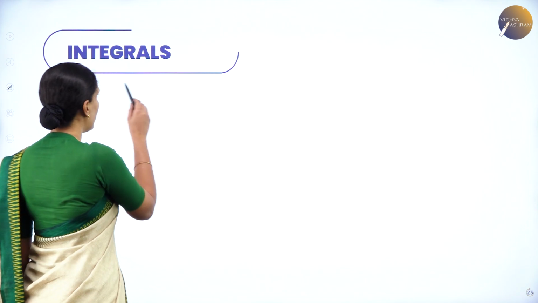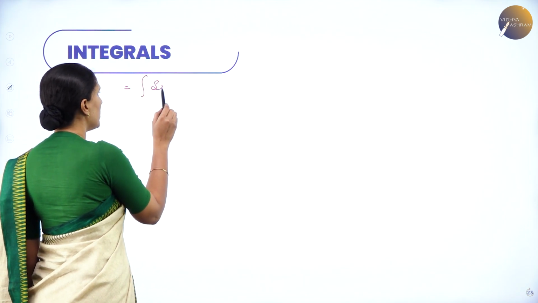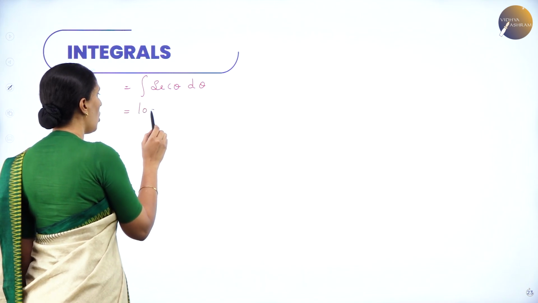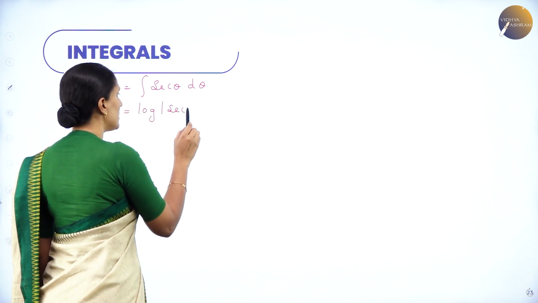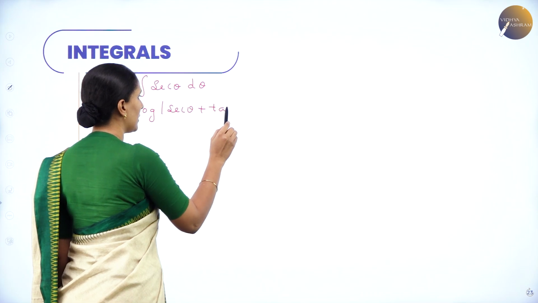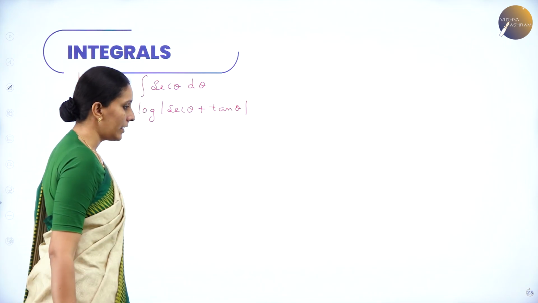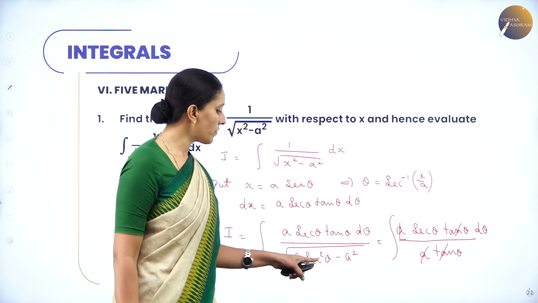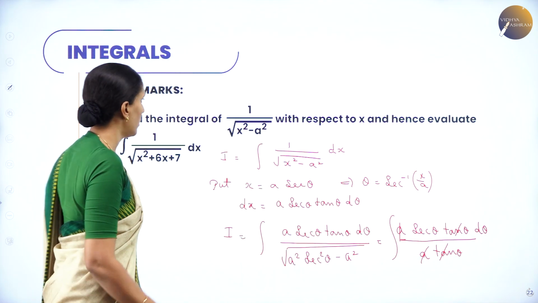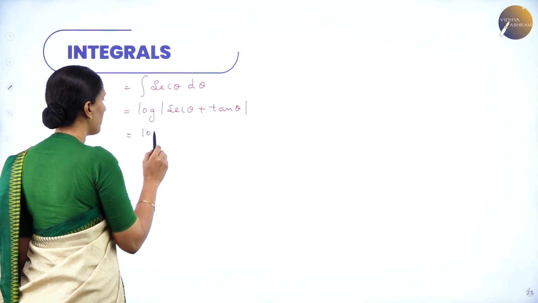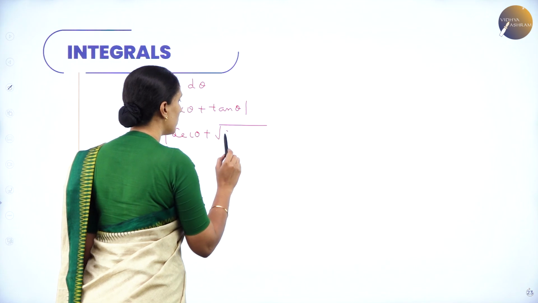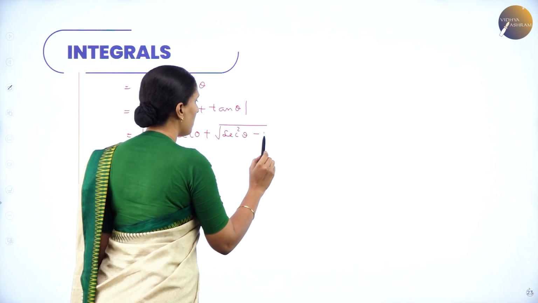So we are left with integration of secant theta d theta, whose value is log modulus of secant theta plus tan theta. And here we can observe that tan theta is square root of secant square theta minus 1. So therefore, log secant theta plus square root of secant square theta minus 1.